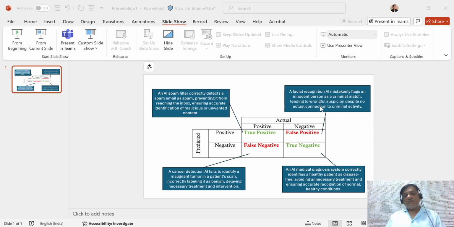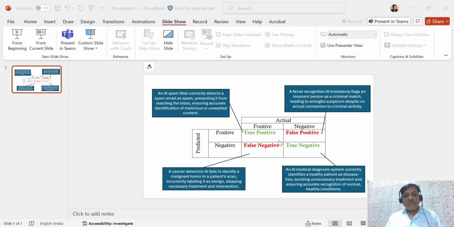So it is truly saying negative, since it is predicted negative that he's disease free, and the AI medical diagnosis system also identifies him as a healthy patient. So he avoids unnecessary treatment.